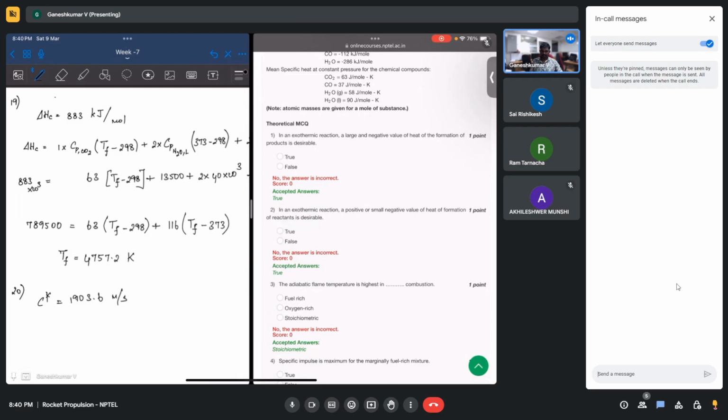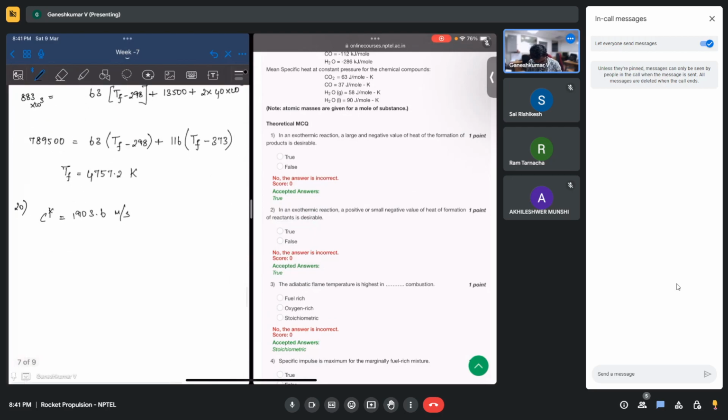In this case, in an ideal scenario, stoichiometric is always going to have the higher adiabatic flame temperature, but in real cases it can be either fuel rich or oxidizer rich. But when we say fuel rich and oxidizer rich, it's not that much; we are talking about an equivalence ratio of 1.01 or 0.99. Let me draw a graph.